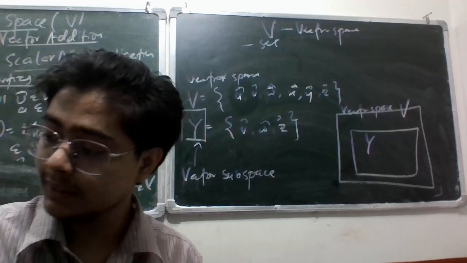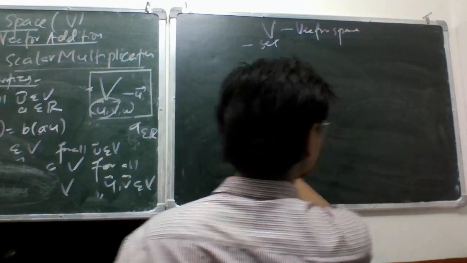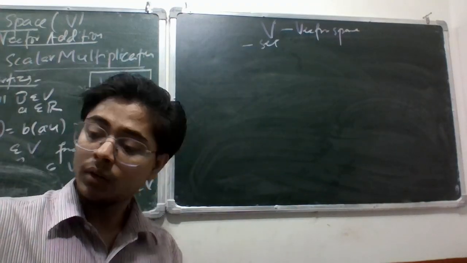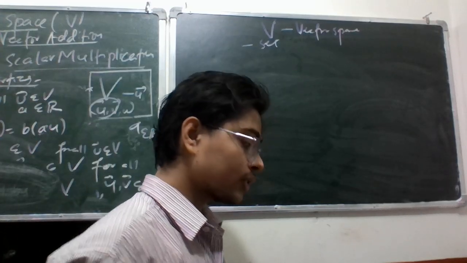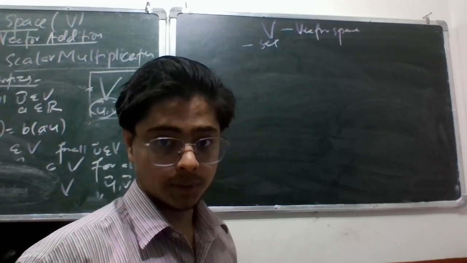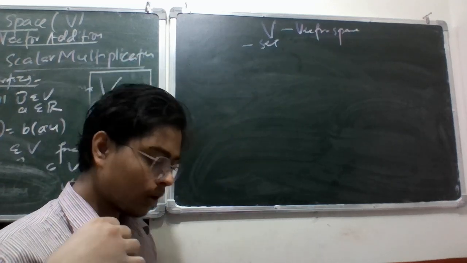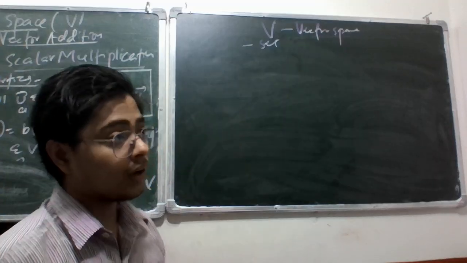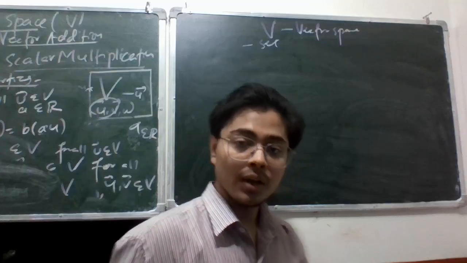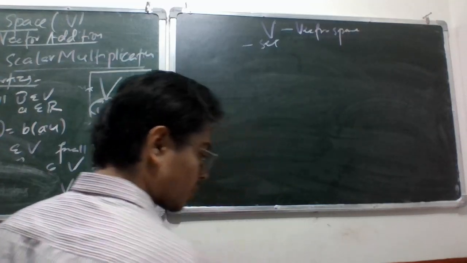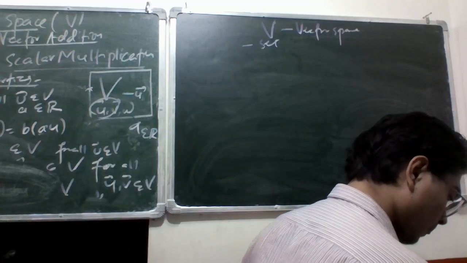Mathematically, a vector subspace has its own rule. So what is the criteria for a subset to be a vector subspace? It doesn't mean that any subset of that large set is going to be a vector subspace. You need to have some certain criteria. Let's write down the criteria. I think I should write the full definition.